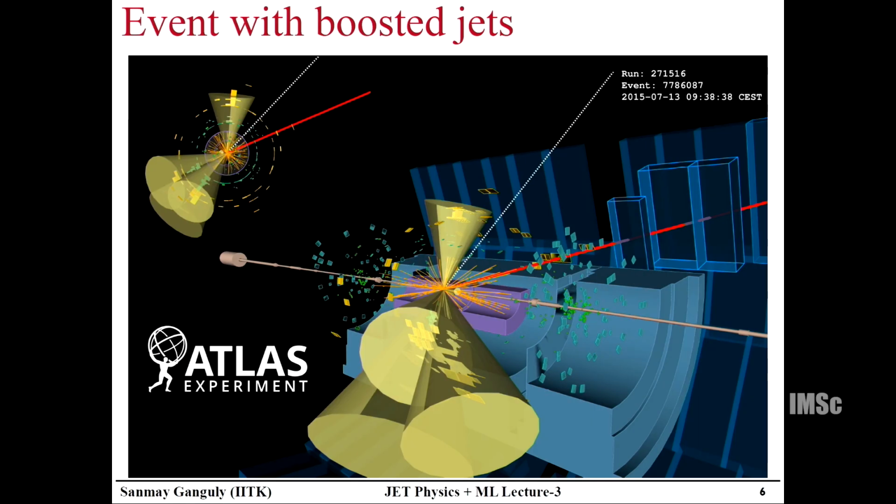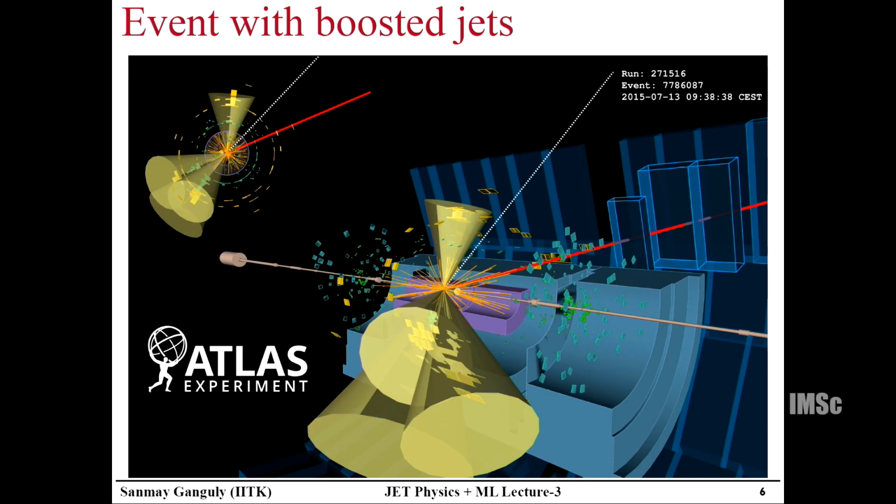Okay. So before going in, here is an event display of a boosted top decay inside the ATLAS calorimeter. You can see clearly the distribution of the energy depositions, how close by the energy deposits are when you apply a jet reconstruction algorithm on them, and the red line is a muon and things like that.